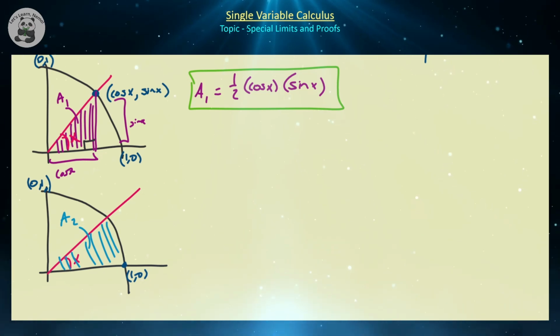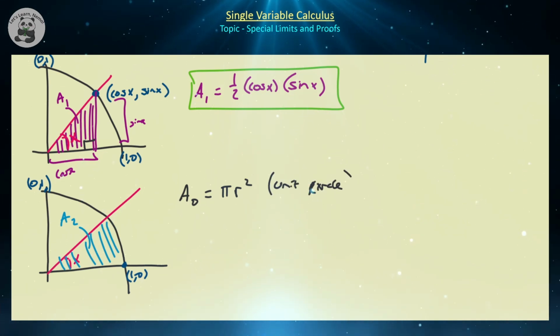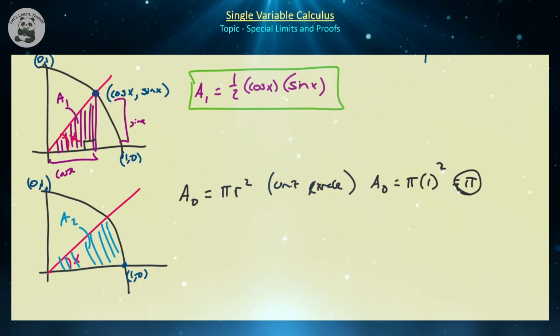So remember that the area of an entire circle is pi r squared, and in particular, the unit circle has the area of pi times 1 squared, where r is equal to 1, which is just going to be equal to pi. So that's the area of an entire unit circle. So if I want to find the area of a sector of a circle, in particular A2, this is just going to be equal to a fraction of that entire circle.